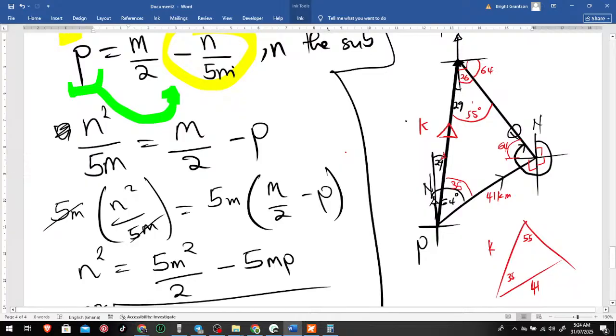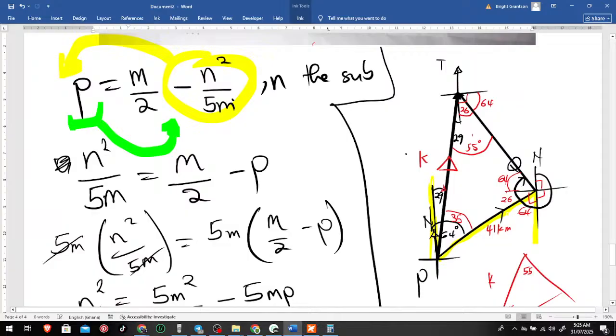Reduce the thickness. So this Z angle from here to here to here, that alternate angle here is 64.